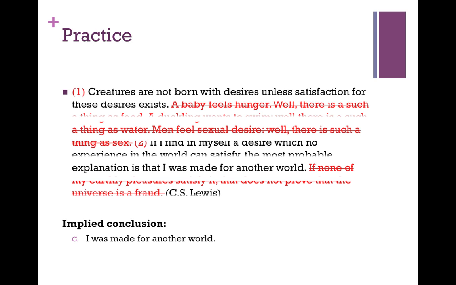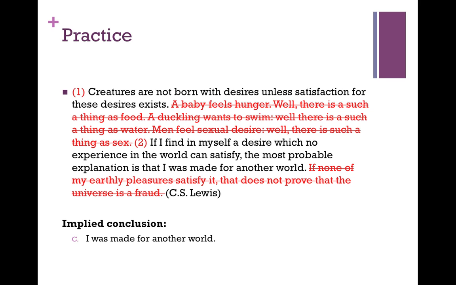I think that we can see that his main two premises are what I have listed up here. Premise 1: creatures are not born with desires unless satisfaction for those desires exists. And then premise 2: if I find in myself a desire which no experience in the world can satisfy, the most probable explanation is that I was made for another world. Notice that 2 is not actually the conclusion.